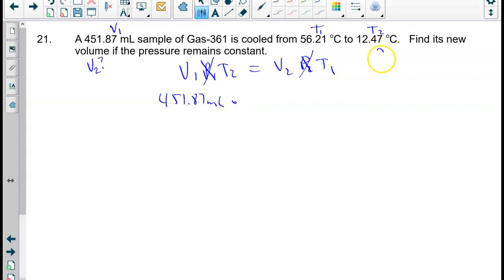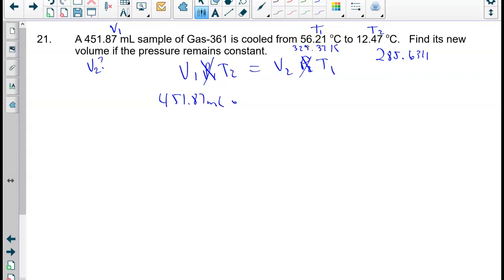So this one was 285.63 Kelvin, and this one was 329.37 Kelvin. This is a 9. Okay, so I convert that.